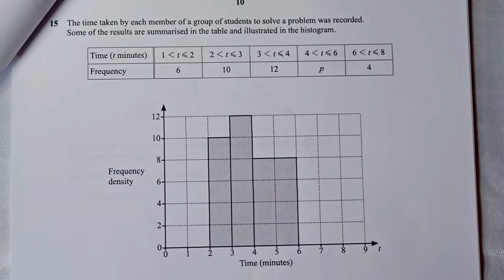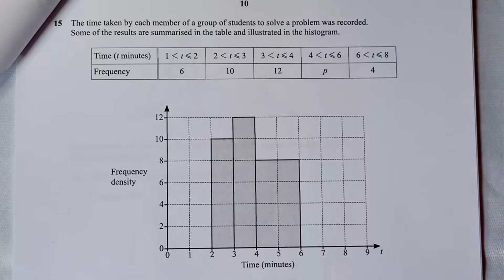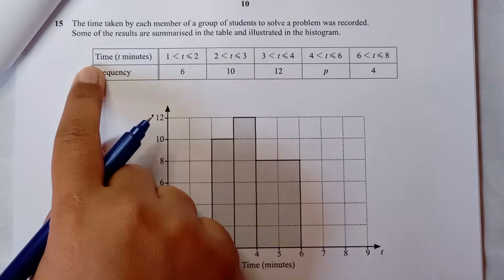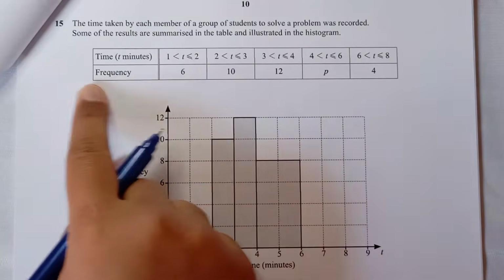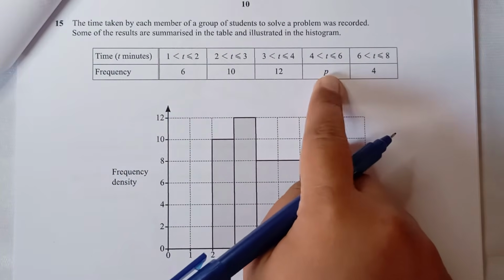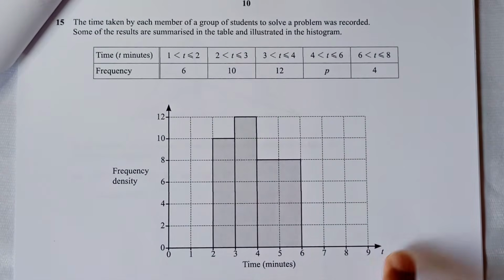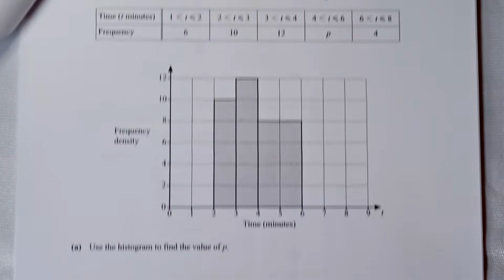Question number 15. The time taken by each member of a group of students to solve a problem were recorded. Some of the results are summarized in the table and illustrated in the histogram. So we have given the time, t minutes, and we have given the frequencies. So this is B, right? And we have the histogram between the time and the density, frequency density.